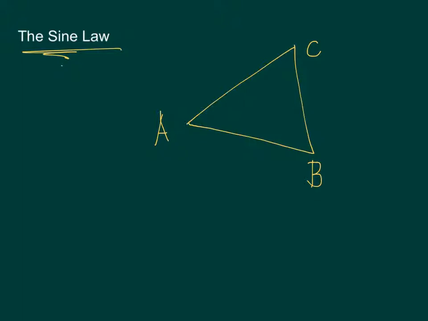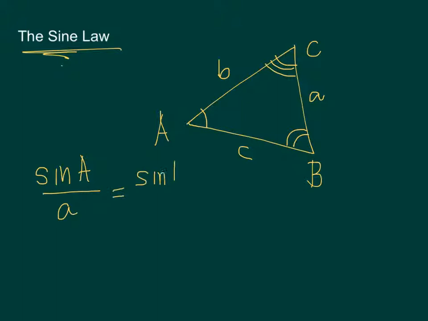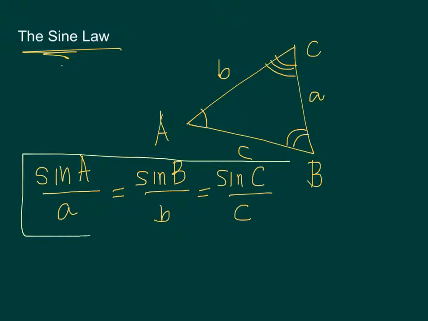Let us denote the side opposite the angle A to be side A, the side opposite of the angle B as side B, and the side opposite the angle C as side C. The sine law is saying that if we take the sine of angle A over the side A, it is equal to the sine of B over side B, and it's also equal to sine of angle C over C. So basically this is the sine law.